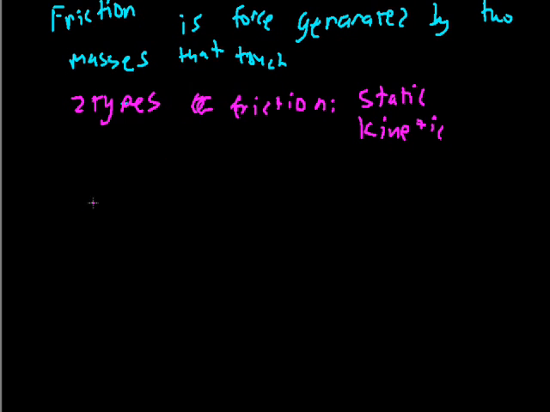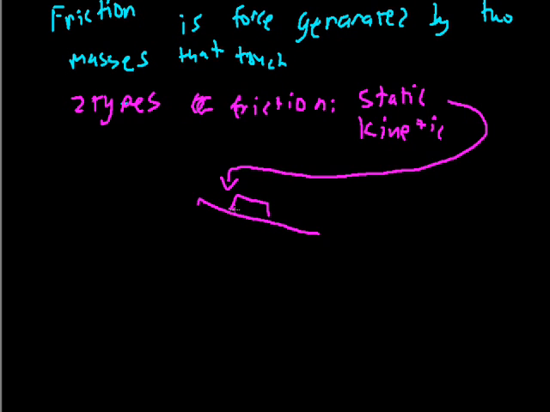Static friction is basically what's keeping you from moving in the first place. So if we have our object again sitting on this inclined plane, static friction is what's preventing this object from moving down in the first place.